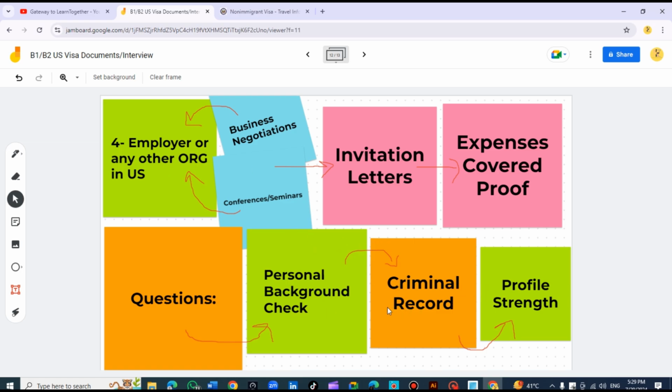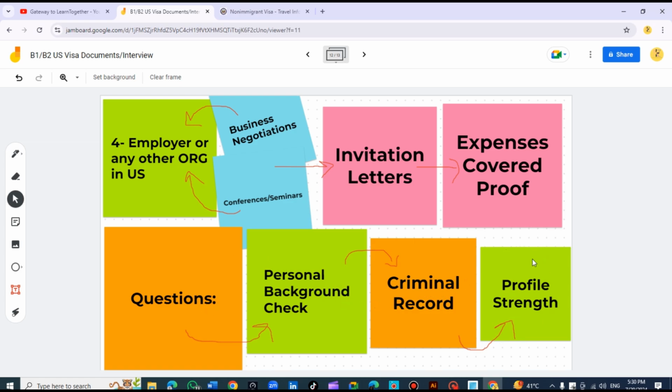And of course they will make sure they have a double verification check from the XYZ employer in the US, and of course they will have a good surety that you are coming back to your country once you are done with this business negotiation with them. So that is why their focus shifts to personal background, criminal record, and profile strength.